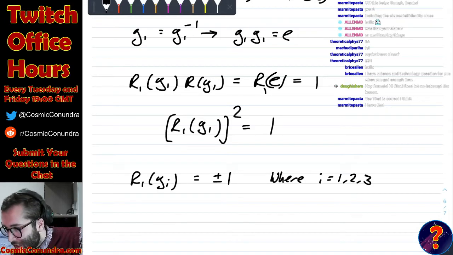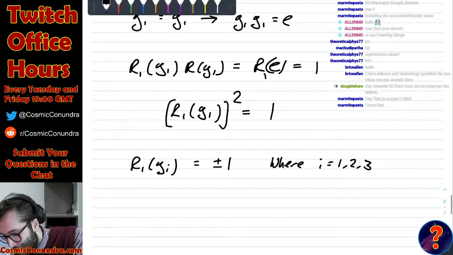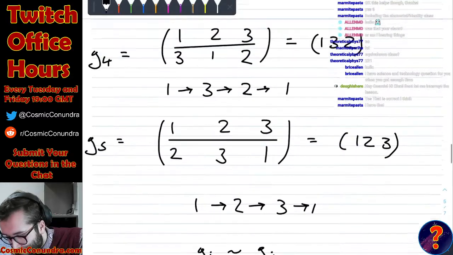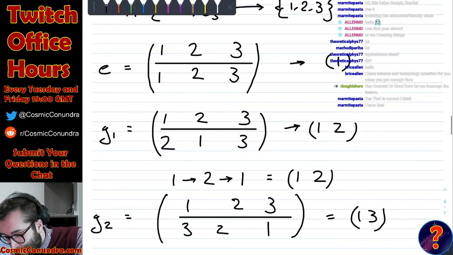So let's think about what happens when we combine G1 and G2. Let's multiply G1 and G2. G1 means we are swapping 1 and 2, so 1 goes to 2 and 2 goes to 1.